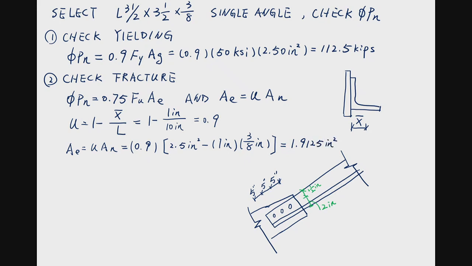square inches. Okay. And then the phi VPN based on fracture equals 0.75 times FU, which is 65 ksi, times AE, 1.9125 square inches.